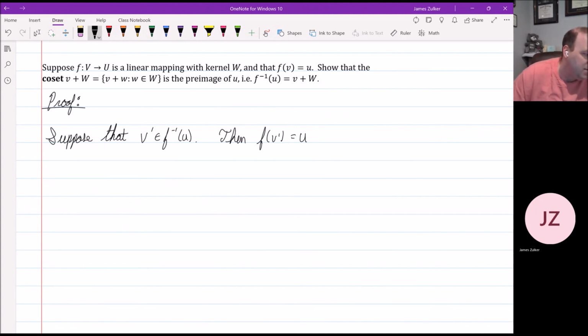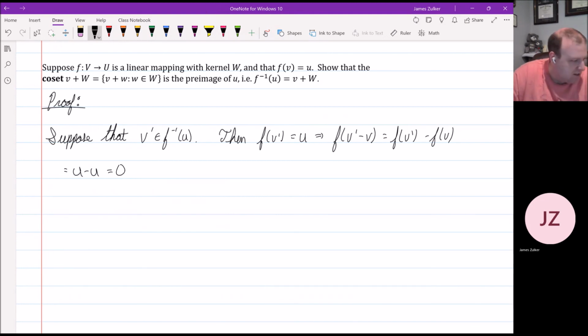That's what it means to be inverses. Which means that F of V prime minus V is equal to F of V prime minus F of V, which equals U minus U, right? Which is 0. This means that V prime minus V is in the kernel.